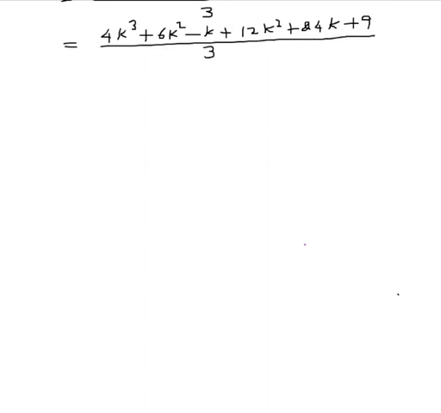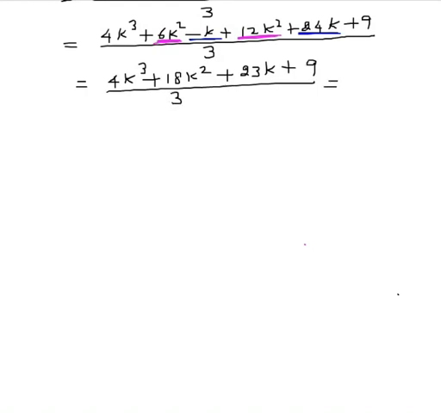This total is 8k. 8 3s are 24k and 3 3s are 9, divided by 3. Add the like terms and write. We have 6k square plus 12k square, which is 18k square. And k terms, we have minus k plus 24k, which is plus 23k, and the constant term is plus 9, divided by 3. We get the right hand side.